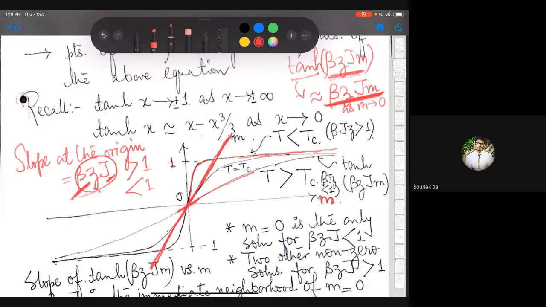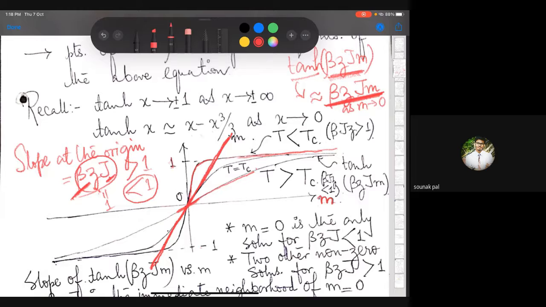Now let's look at the situation where the slope is small, or it can be equal to 1. That is also possible, right? Now let's look at the case where the slope is smaller than 1.